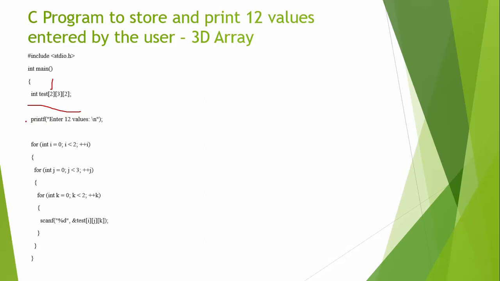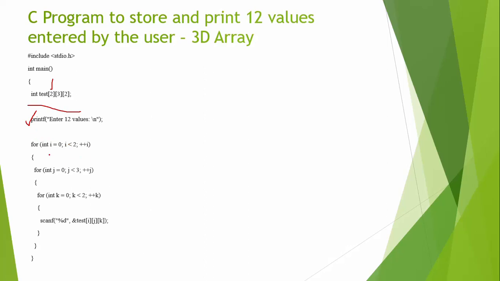So I am giving a prompt message, printf enter 12 values. And next, i is used for getting the input from the end user. Generally we use any type of loop. You can use for loop, while loop, do while loop, anything to get the input for an array. Here we are going to use for loop.